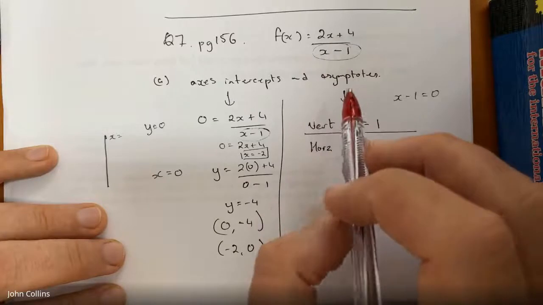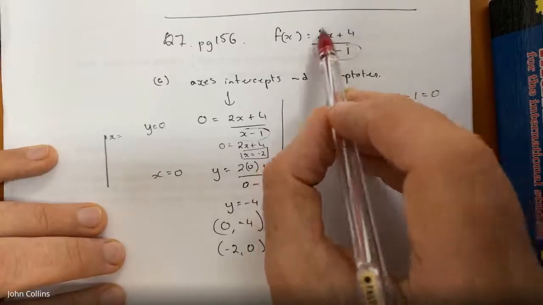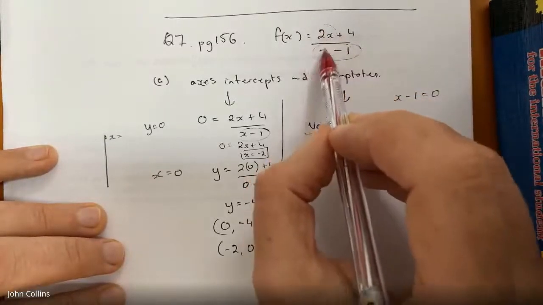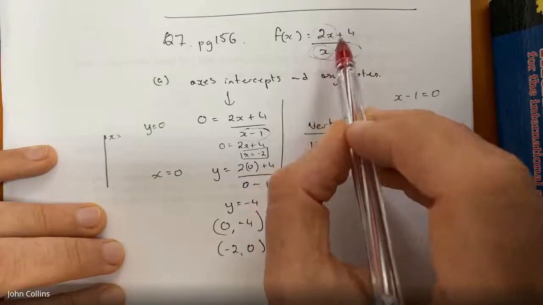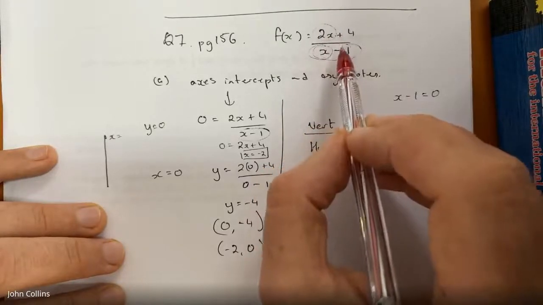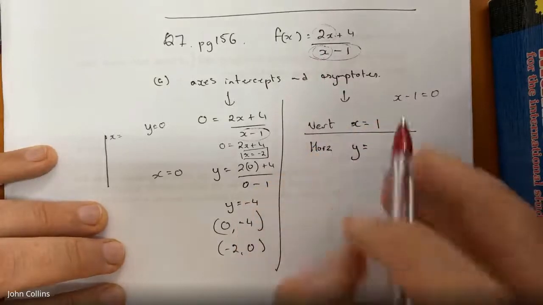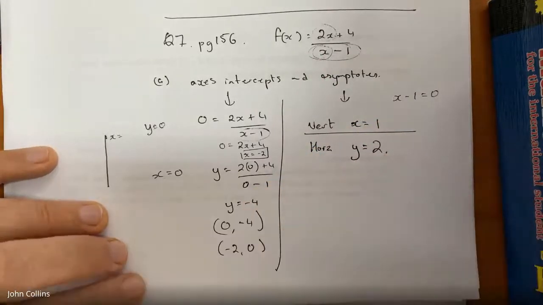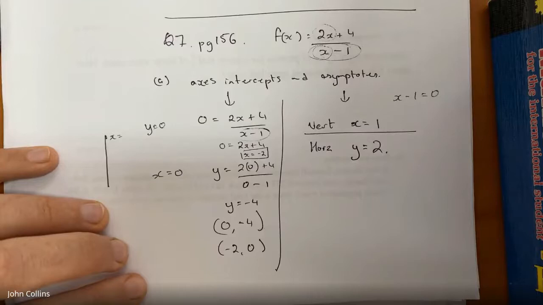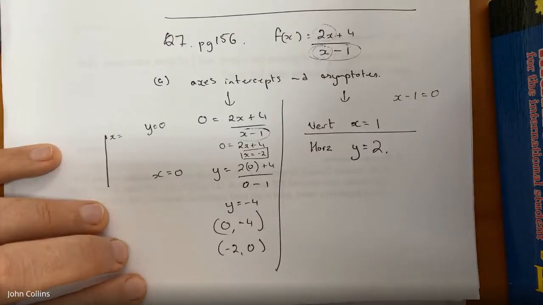A very quick way is just to compare the coefficient of this and the coefficient of this. If they're the same power, then you get there straight away: 2 over 1. That's a speedy way of getting the horizontal asymptote. We did the longer version in a video before. If you want to go back and look at that, perhaps Dustin and Badai, you need to go back and look at horizontal and vertical asymptotes, but that's not what this is about today.